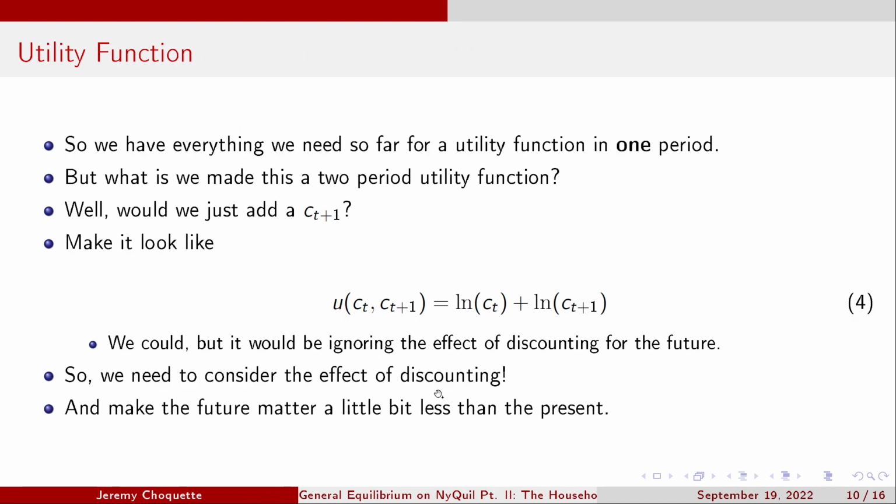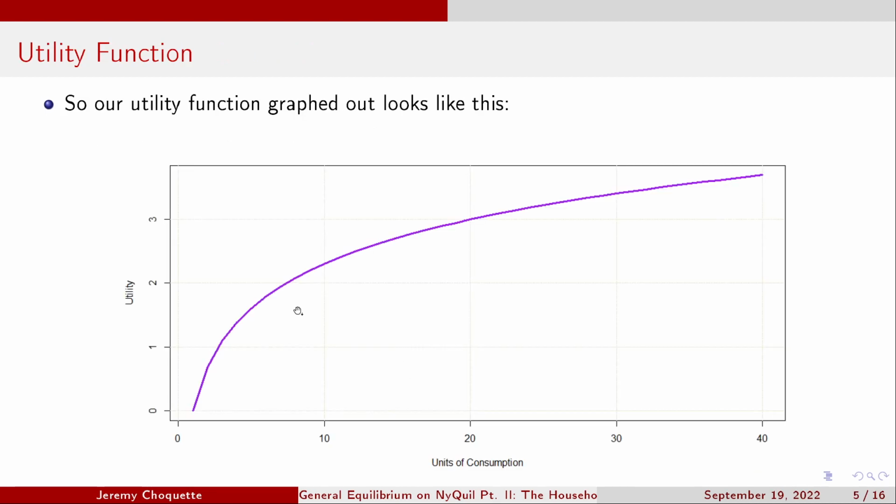So let's say if I want utility to be 1, I need E units of consumption. But that E units of consumption can be split up between CT and CT plus 1. If, say, I've got 10 units of consumption, that's going to yield whatever this is here. I don't have a calculator in front of me, so I can't tell you exactly what the natural log of 10 is, but it's a little bit greater than 2.